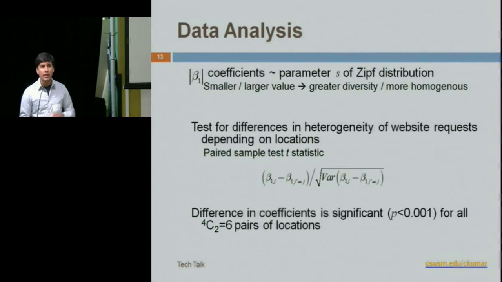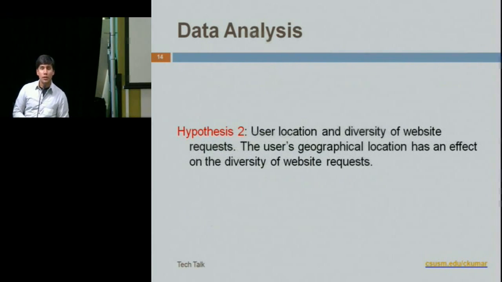So that shows that the steepness of the curve at each of those 6 location pairs is indeed different, which leads us to confirm our second hypothesis, that the user's geographical location indeed has an effect on the diversity of website requests at each of those 4 locations, and therefore the long tail behavior is indeed different in terms of steepness.